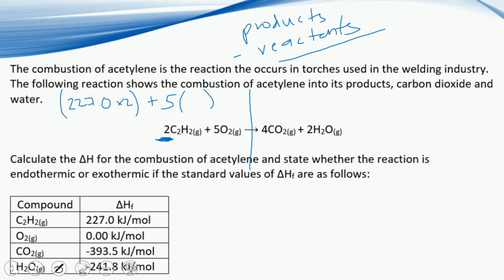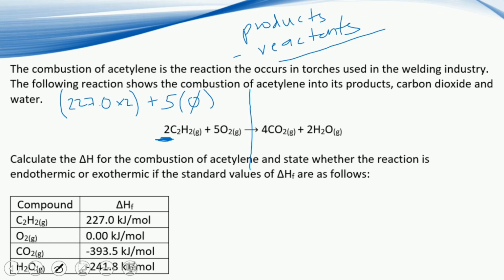It doesn't have any particular bonds that it is forming with other elements to form a compound. So because it is an element, its heat of formation would be 0 because it does not take energy to form the oxygens themselves. They are elements. If they were to bond with other elements, then we would need energy to make those bonds and to break them eventually.